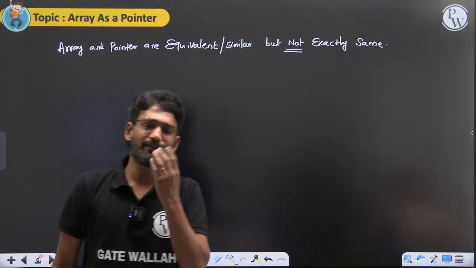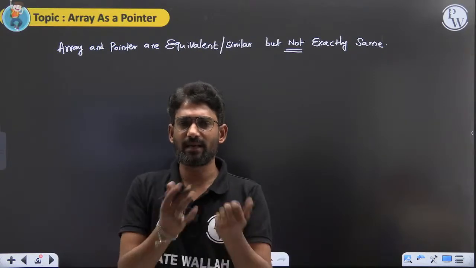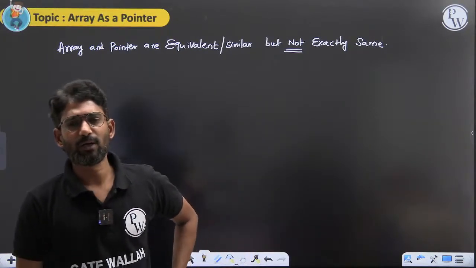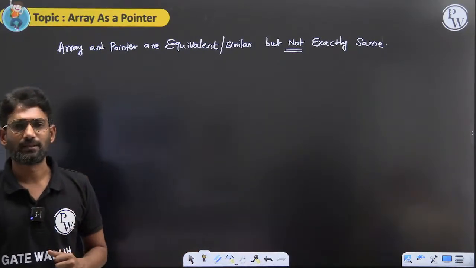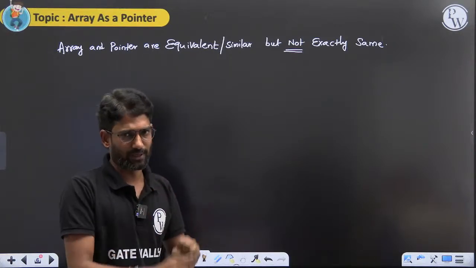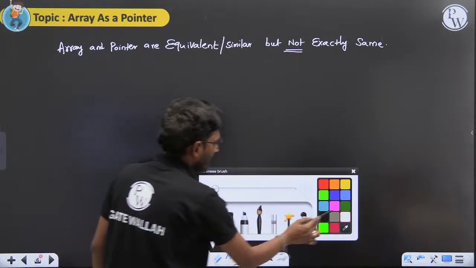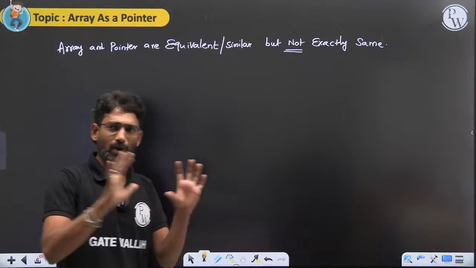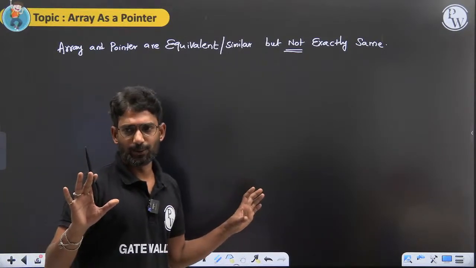Sir, what is the difference? I am getting the same output. Then how come you are telling both are different, sir? Come on, I am coming to that point. Listen carefully, you will get a proper idea now.